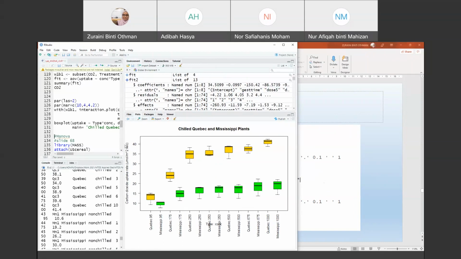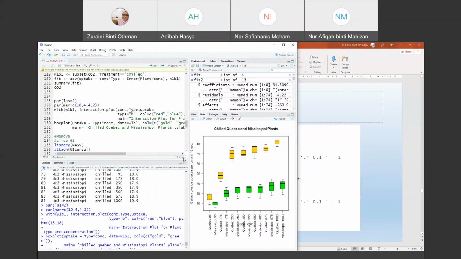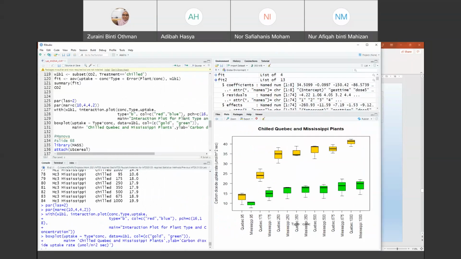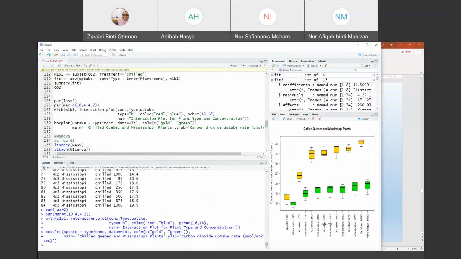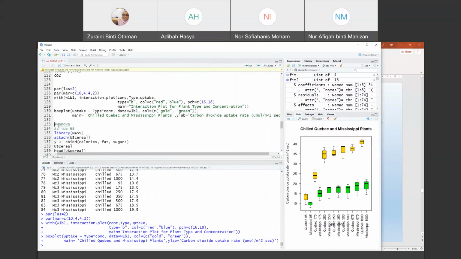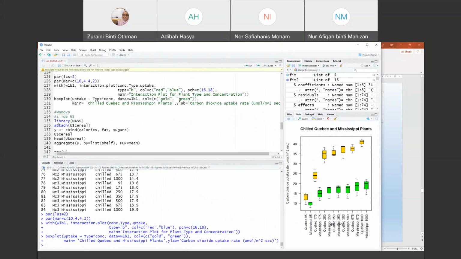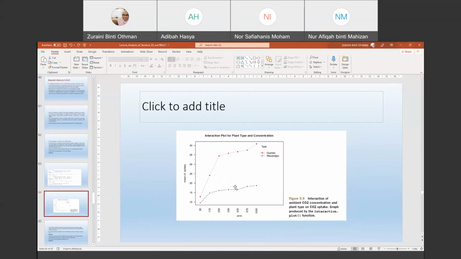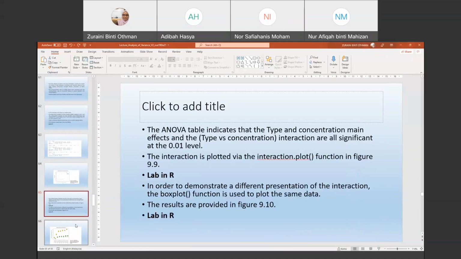This is how we visualize using the repeated measures ANOVA just now. Okay, looking back at our slide, this is the interaction that we got just now.